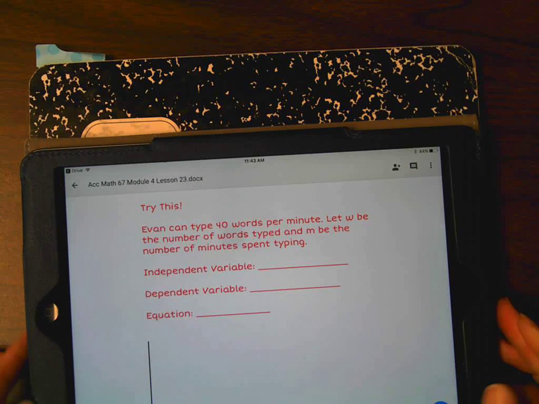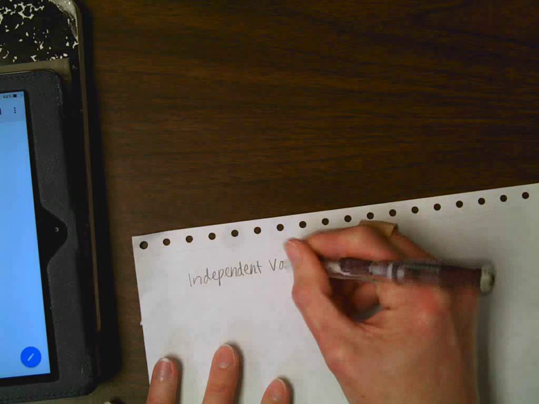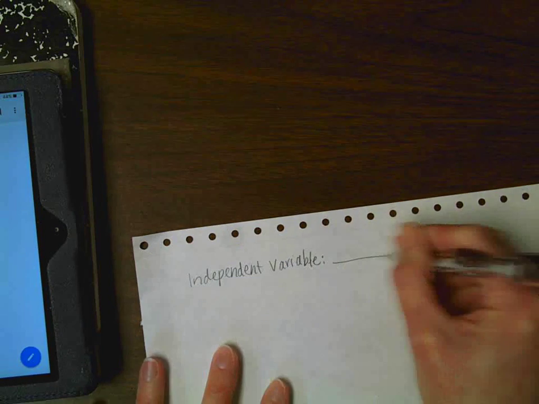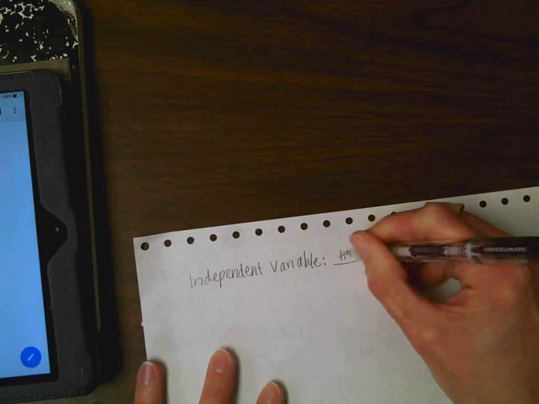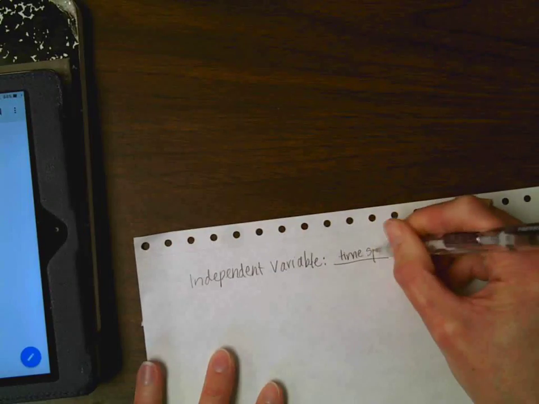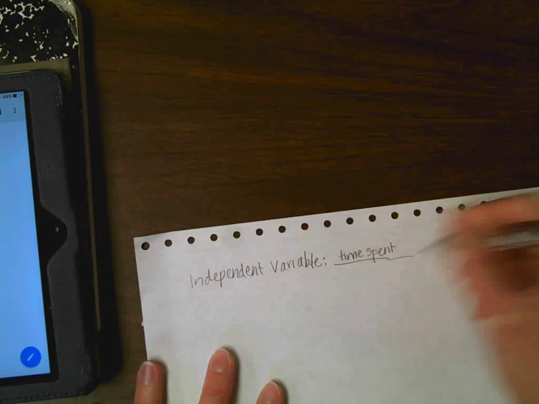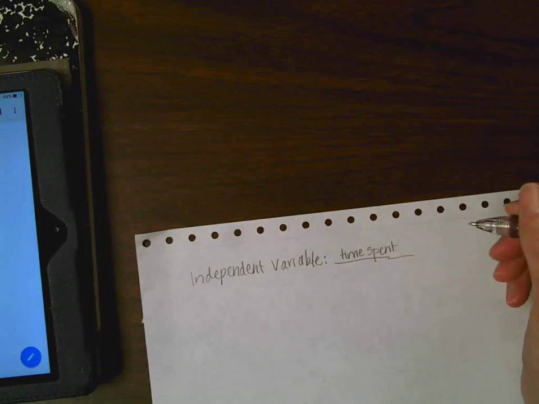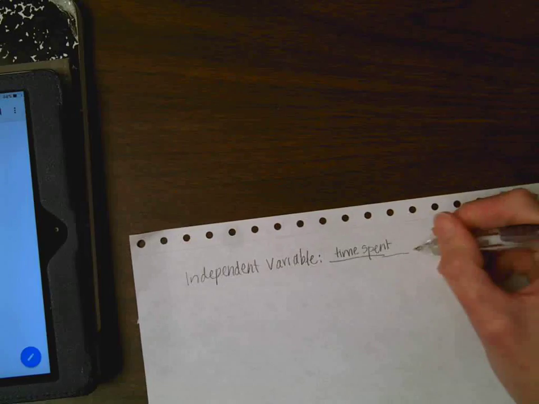So the independent variable that you're going to write on that line, and I'm going to move this over here so that we can show this, is the amount of time spent. And what variable did it say? It said let W be the number of words typed and let M be the number of minutes spent typing.